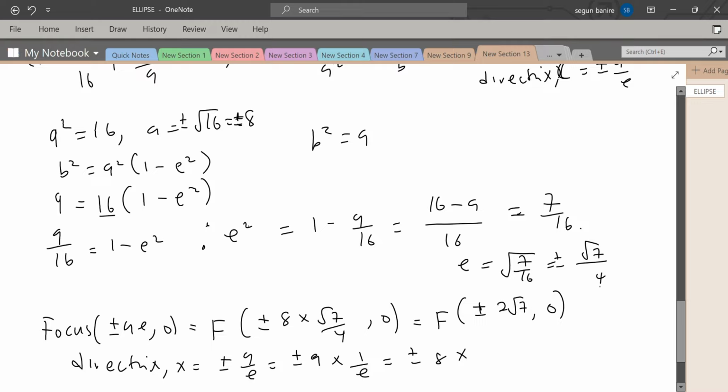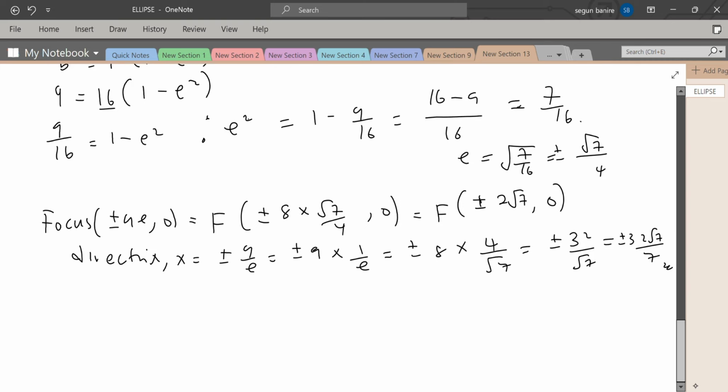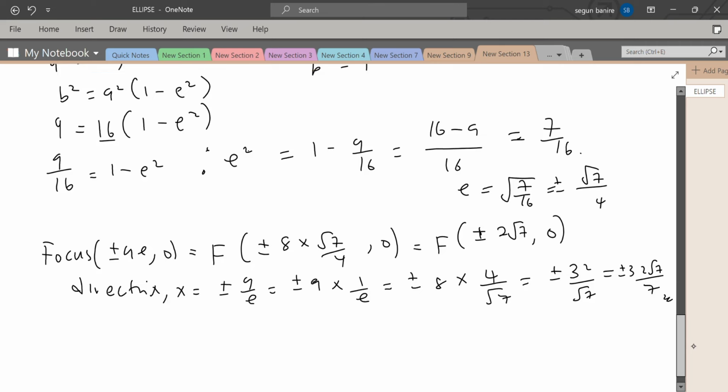What is e? E is root 7 over 4. So the inverse is 4 over root 7. So that gives us plus or minus 16 over root 7. If you rationalize, that gives you 16 root 7 over 7. So that becomes your directrix. Okay, so we are done with that question.